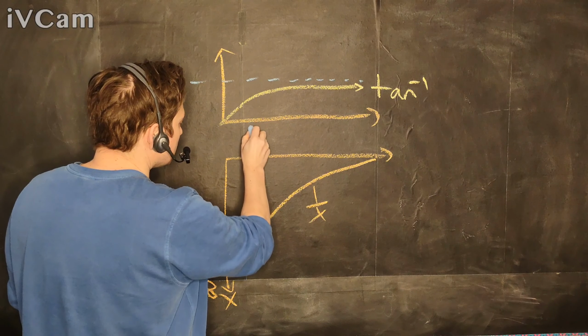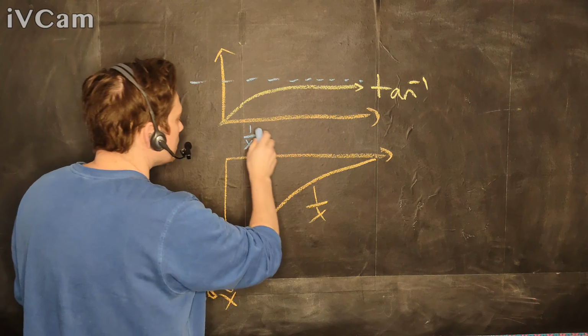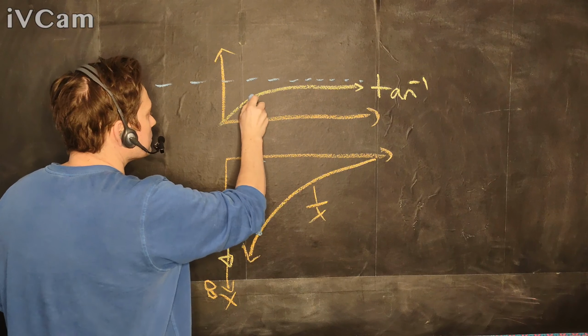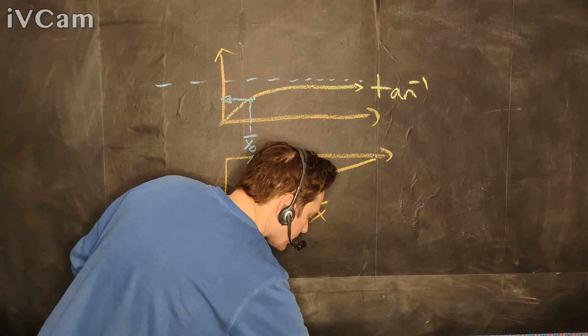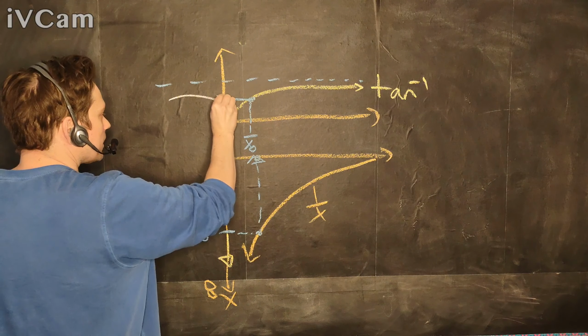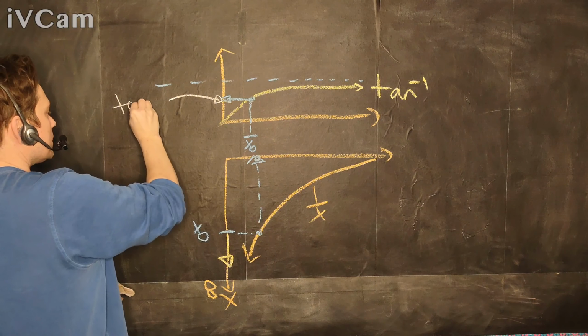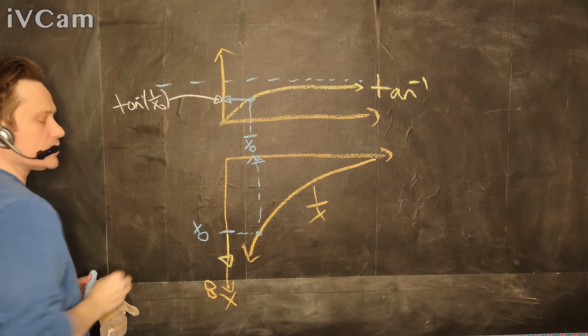This is going to be 1 over x sub 0. That then gets fed into the tangent inverse function, which gets bounced into this value right here. So this, let me draw this in white, represents the following value. It's tan inverse of 1 over x sub 0.